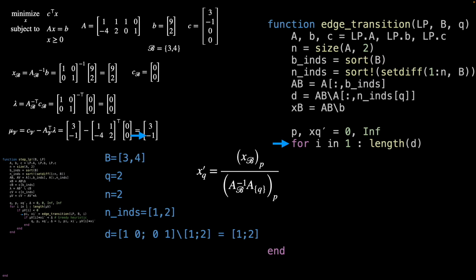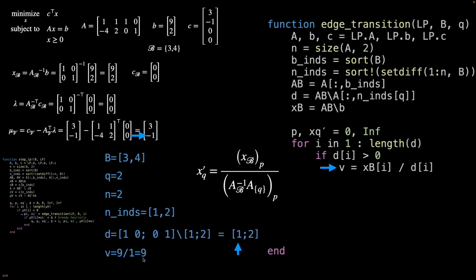Inside this for loop, we're interested in finding this minimum ratio XQ prime here. So we're going to iterate through each component of D here. Inside, we're going to check, is D greater than 0? Why do we care if it's greater than 0? Well, because we're going to be dividing by it, so we don't want to divide by 0 here. So we are going to compute the value here. The value is just XBI, so in this case, the first component of X basis, which is 9, as we saw up here, divided by the first component of the D vector, which is just 1.